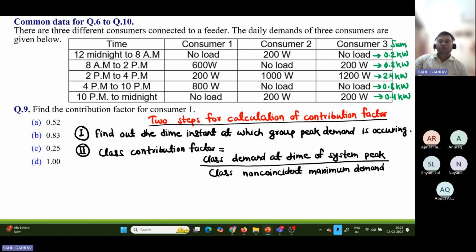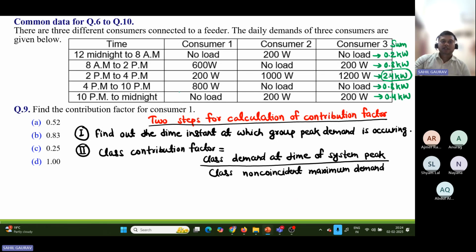Now, if you see, group peak demand is 2.4 kilowatt. This one, 2.4 kilowatt. Our aggregate peak demand is 2.4 kilowatt. Our coincident peak demand is 2.4 kilowatt.